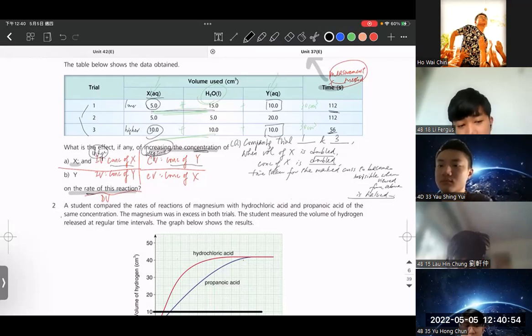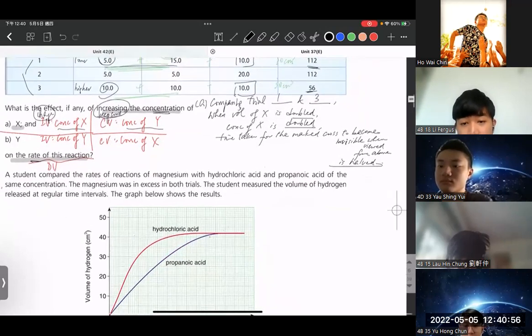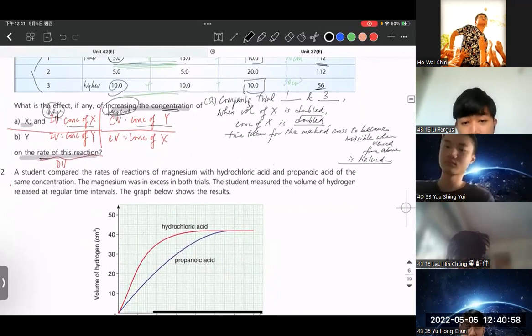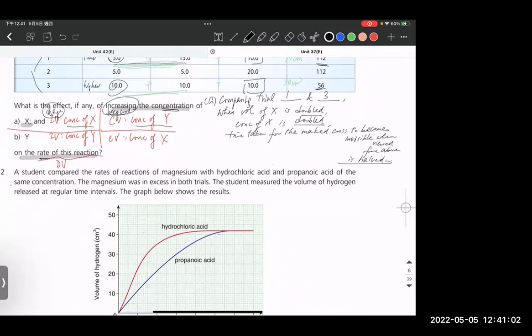So yes. How does it relate to the rate? How does it relate to rate? They said the rate is doubled. Why? Because the time is halved. If you use half of the time to complete all the reaction.